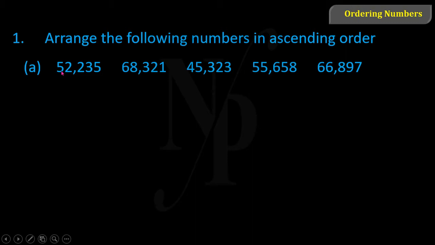Here we have 5, 6, 4, 5 and 6. The digit 4 is the smallest, so the number having 4 in the 10,000's place is the smallest.